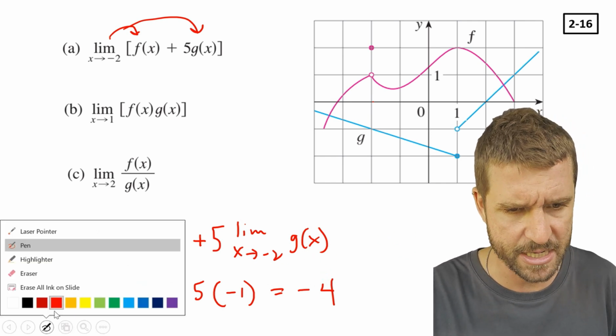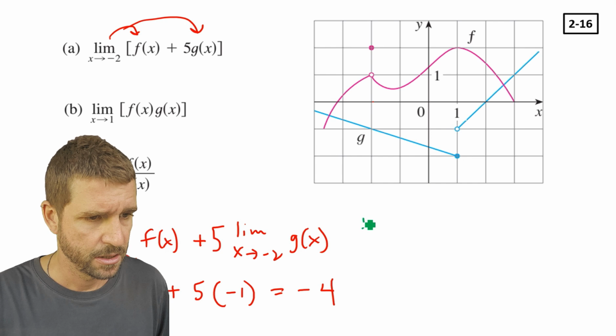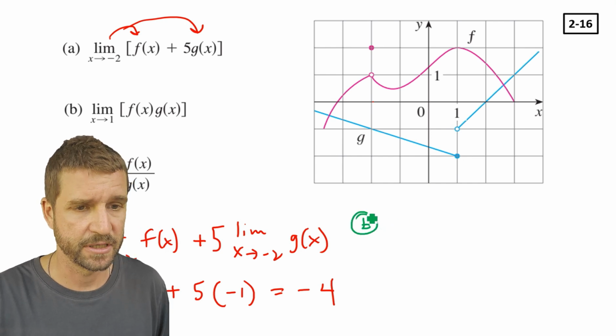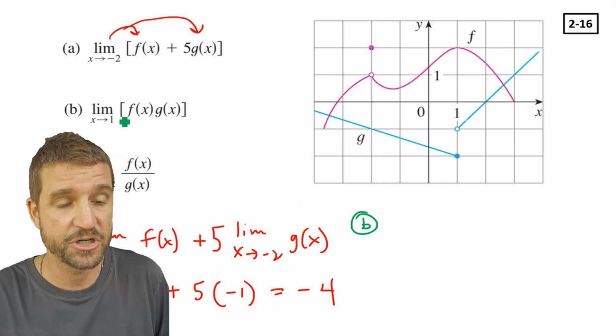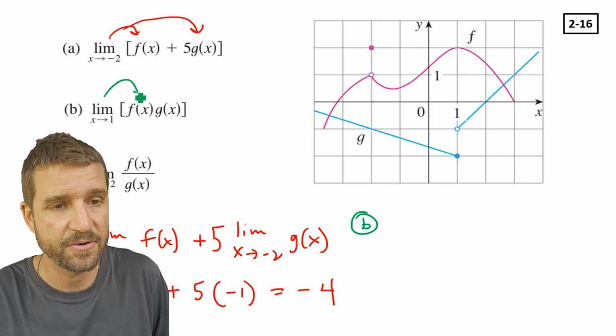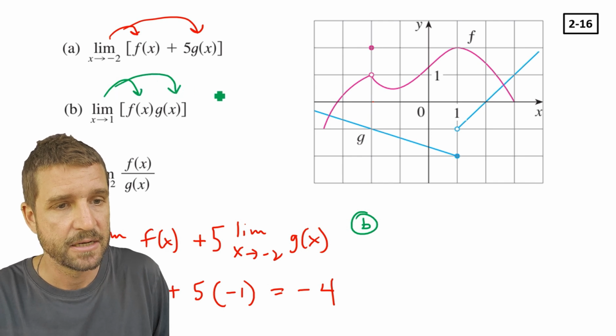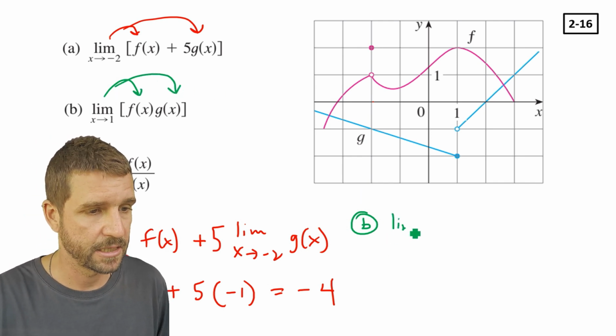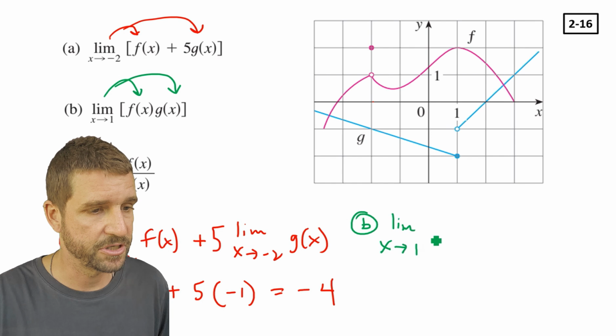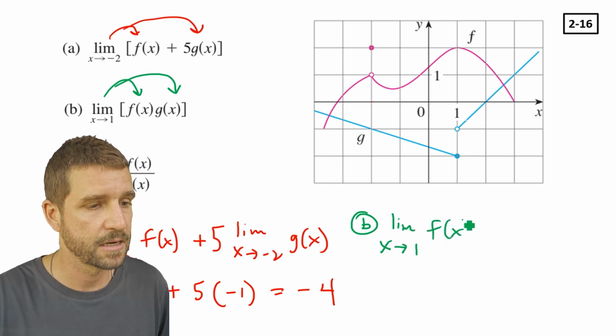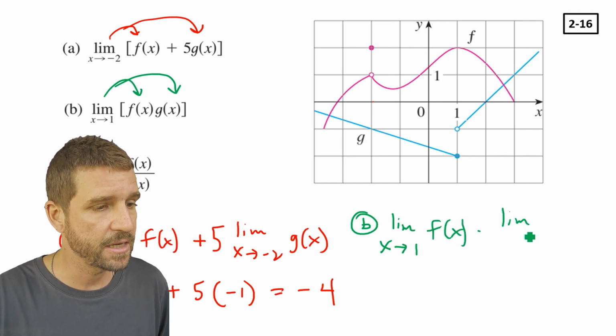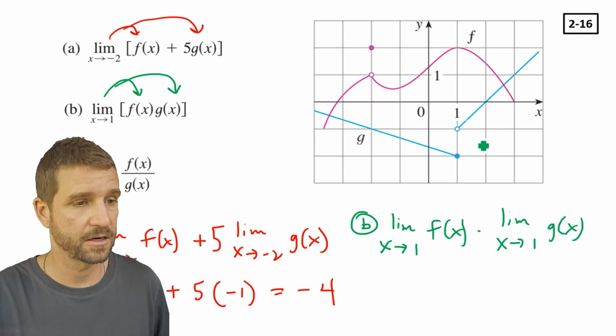So for part B, let's change color. Everything is more clear. So the limit as x approaches 1 of f of x, g of x. Again, we can distribute these. All right, so we're going to get the limit as x approaches 1 of f of x times the limit as x approaches 1 of g of x, all right?